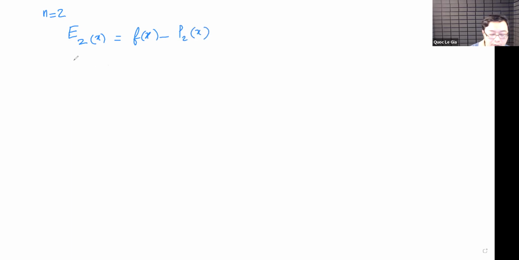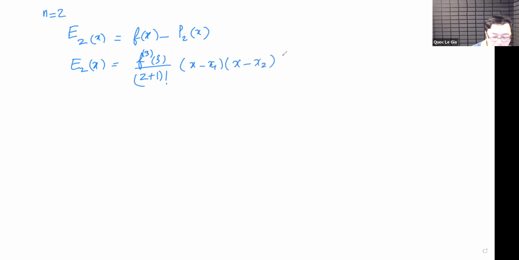Then the theorem will give you E of x equal to the third derivative of f at some point xi over 2 plus 1 factorial, and x minus x1, x minus x2, and x minus x3. So you see my writing, yeah?